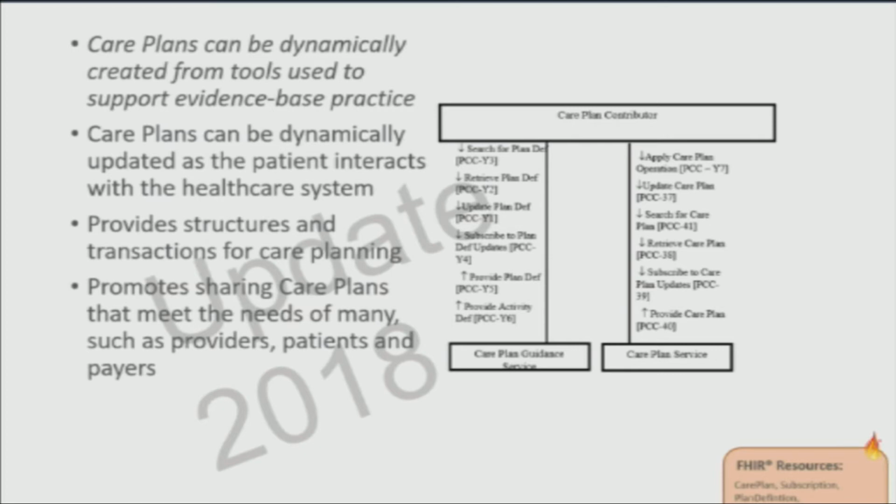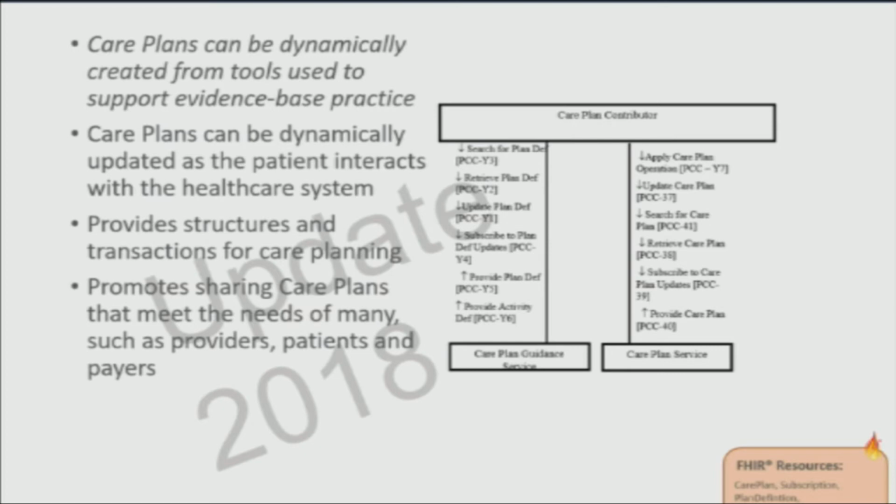I would also say this has been somewhat of a joint work between HL7 and IHE. It's been tested probably more at the FHIR connectathon than it's been tested at the IHE connectathon yet.